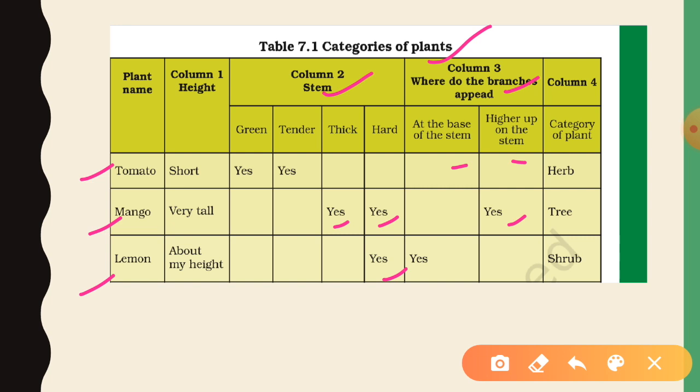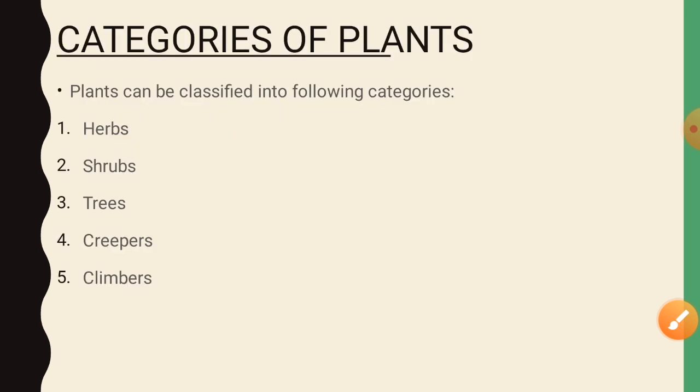Now, when we talk about lemon, it has branches and they are at the base of the stem. Depending on these properties, we have classified tomato as herb, mango as tree, lemon as shrub. If you are having confusion, then we will discuss all these categories in detail and you will get to know more about it. So let's continue.